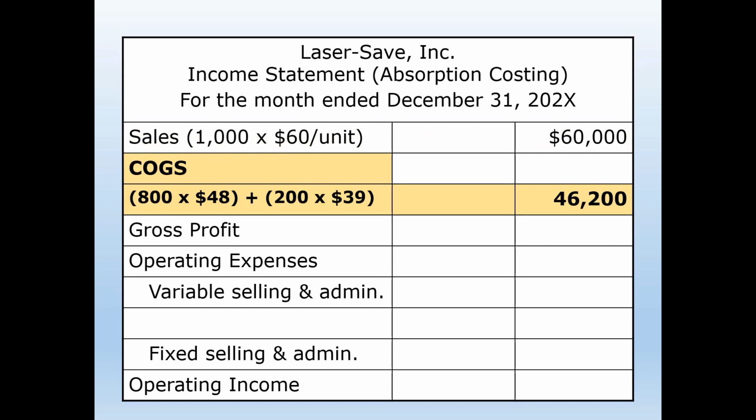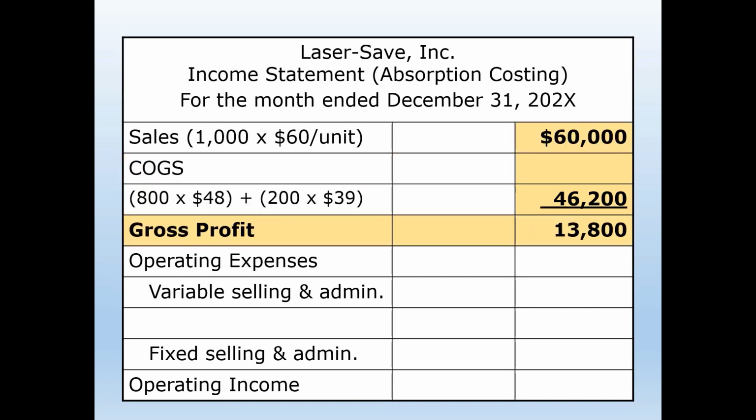But cost of goods sold comes from two sources: 800 units at $48 each from December and 200 units at $39 each from November. Sales revenue minus cost of goods sold gives us gross profit.